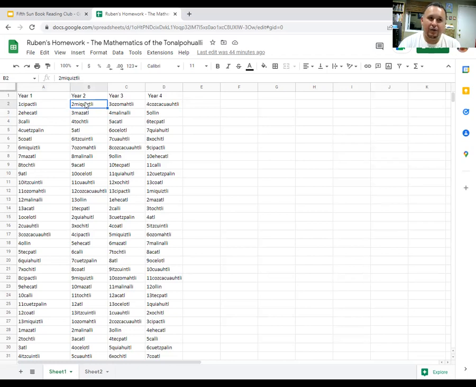They are going in sequential order. Well, that pattern continues. In year 3, we have 3 ozomatli, 4 coscacuatli, and it'll end up here in year 5 with 5 xiuhpohualli, and it's just going to continue counting up to 13, and it's going to start again on 1.